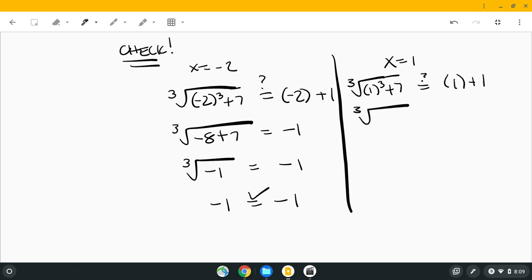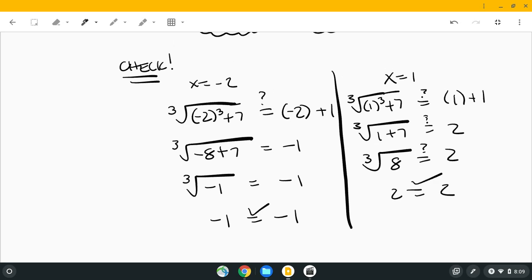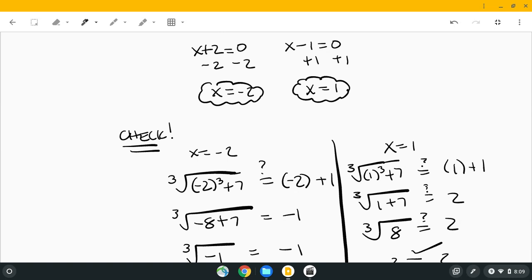On the left side, we get 1 plus 7, which is 8, and the cube root of 8 is 2. Over here, I get 2. So yes, 2 equals 2. Both of these answers are good. That one and that one both work. All right, very good.